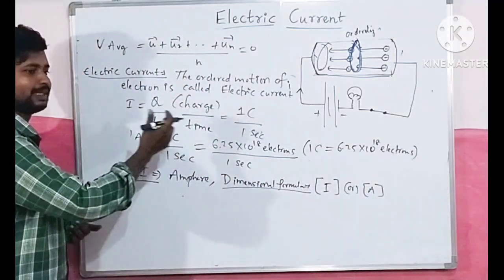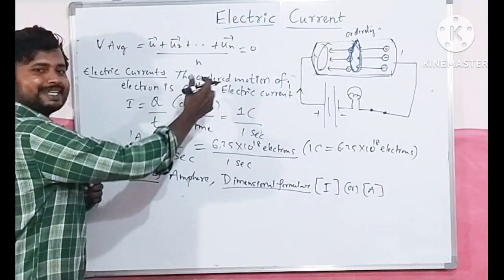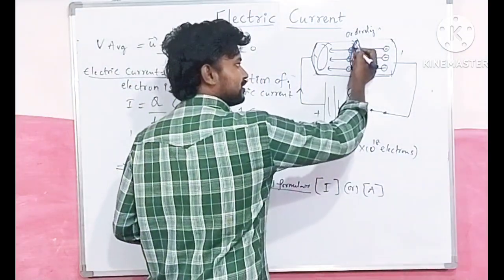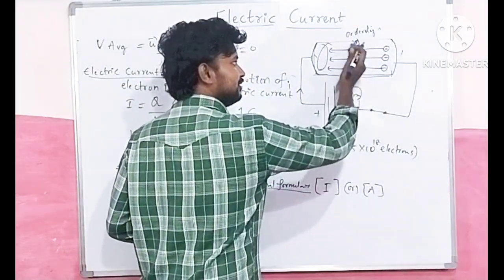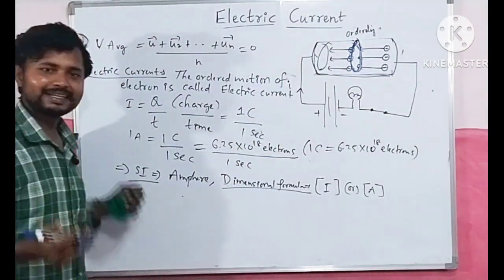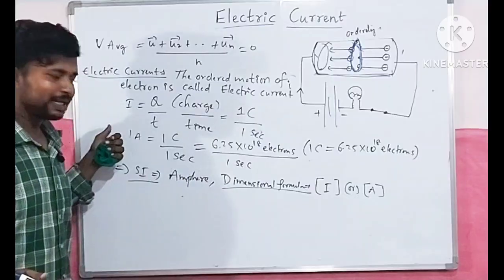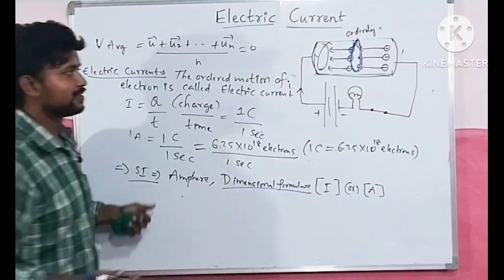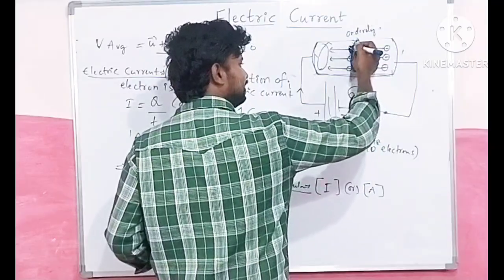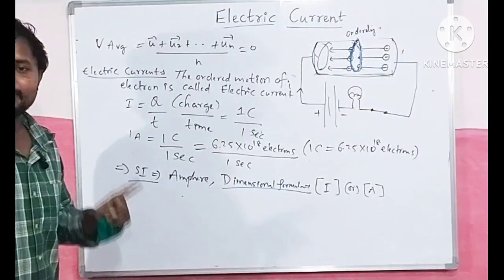This is about electric current. Electric current means the ordered motion of electrons, or we can say the rate of flow of charge through the cross section of a conductor per unit time. So electric current I equals charge by time. 1 ampere is defined as 1 coulomb charge passing through the cross section area of a conductor per 1 second.